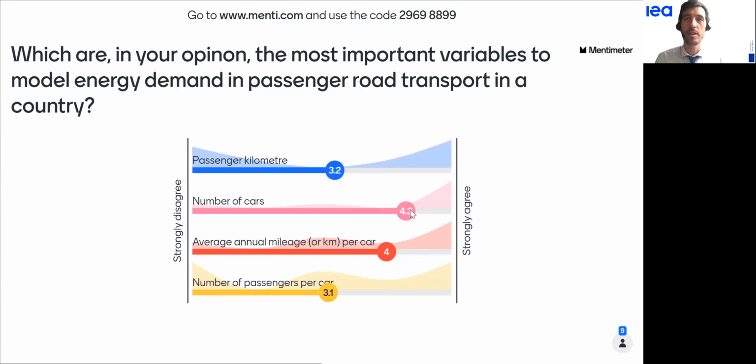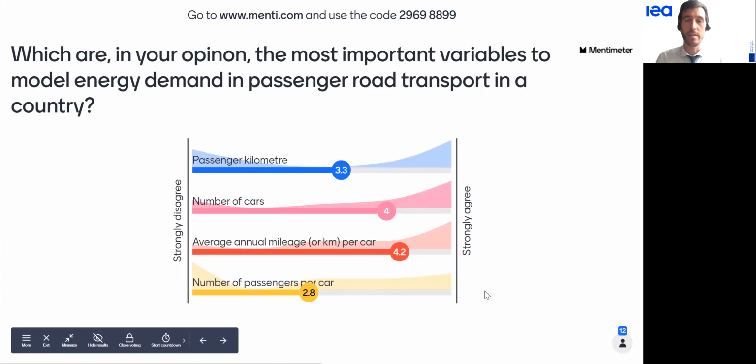Okay, so the number of cars is indeed a very important parameter. Average annual kilometers or miles traveled by car is also part of the answer.